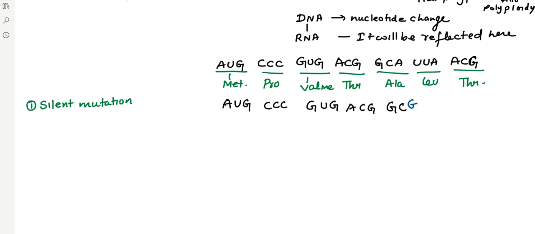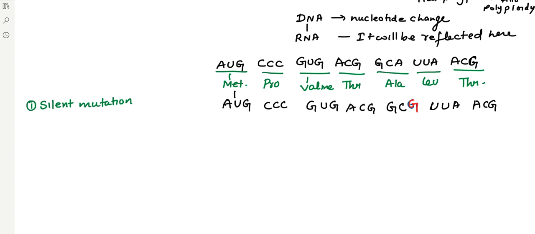So we have GCG. Okay, हम लोग को क्या मिल रहा है? GCG का formation देखने को मिल रहा है सर. Let me change it with red color. Better. Now, after that we have UUA and we have ACG.